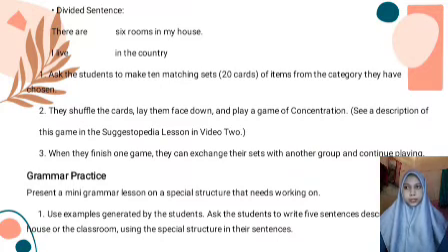The second one is they shuffle the cards, lay them face down, and play a game of concentration. The description of this game is in the Suggestopedia lesson in video 2. The third is, when they finish one game, they can exchange their sets with another group and continue playing.